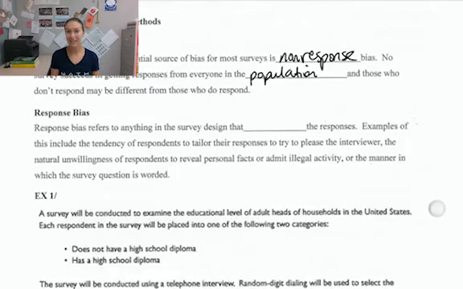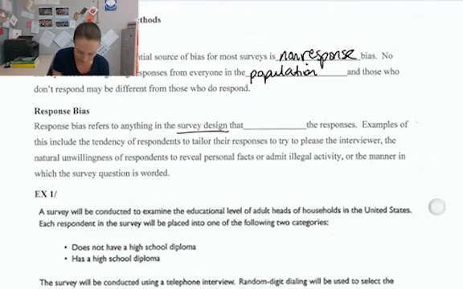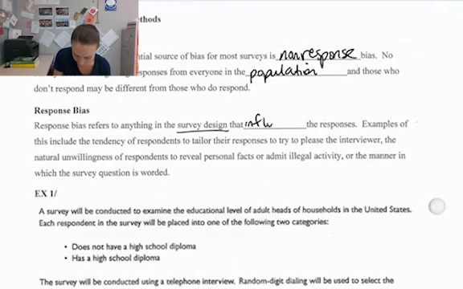Response bias is different, so be careful. I know non-response bias and response bias sound really similar, but they do have different meanings. Response bias refers to anything in the survey design that influences the responses. Examples include the tendency of respondents to tailor their responses to try to please the interviewer.